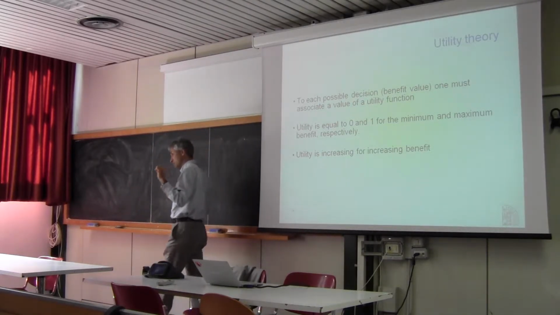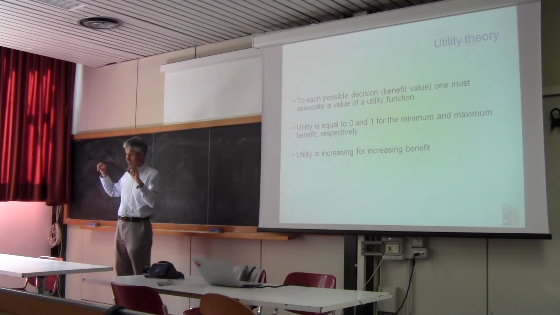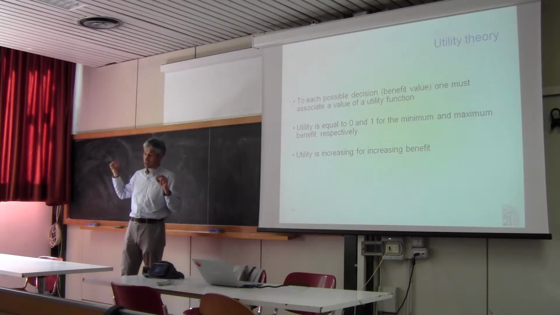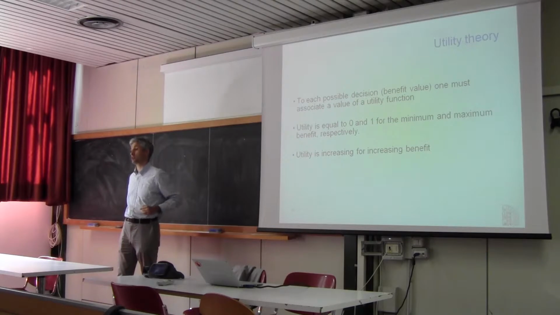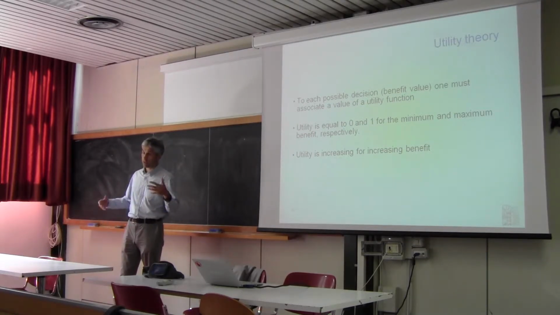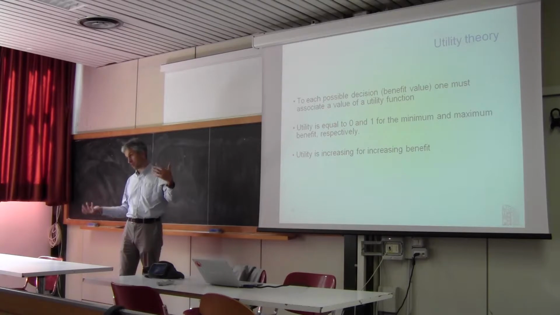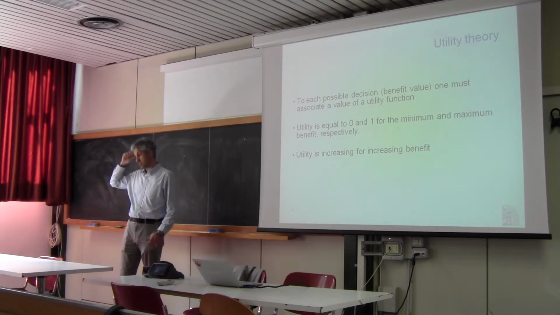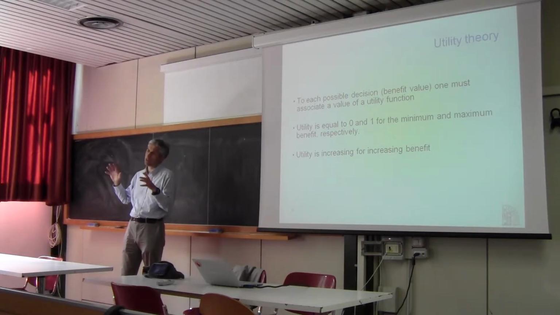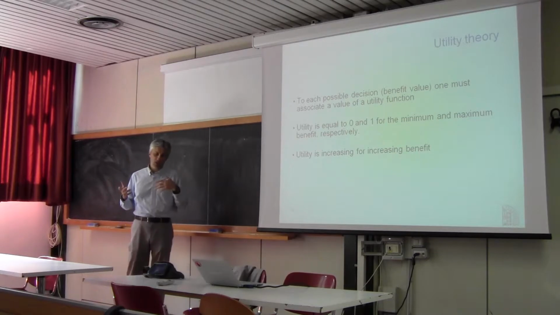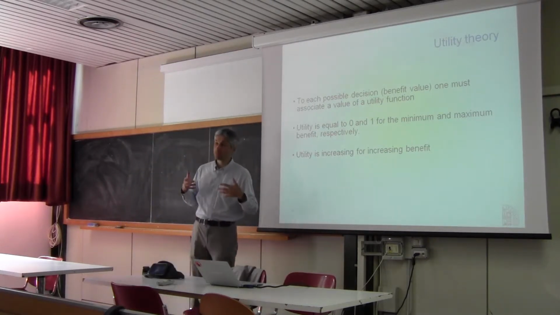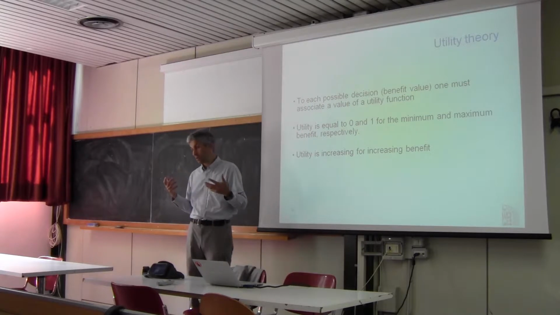Once these axioms, non-decreasing, 0 and 1, are satisfied, I am free to decide the shape of the relationship that relates utility with the objective function. Of course, we didn't say how to define this shape. I just said you may take interviews, you may collect opinions.